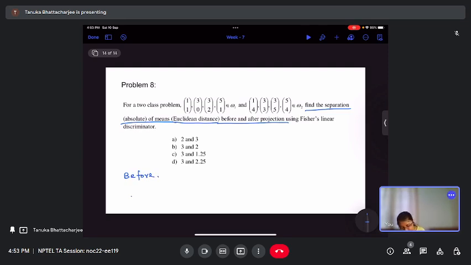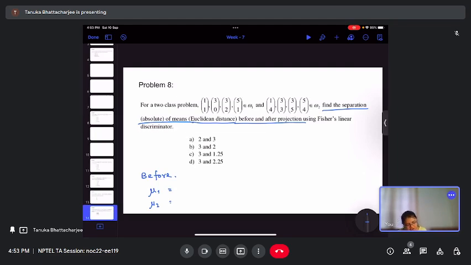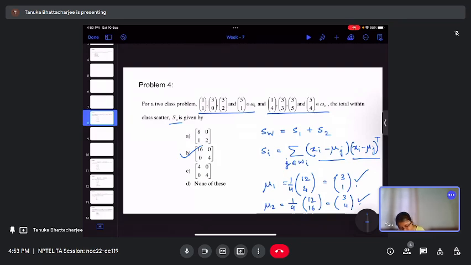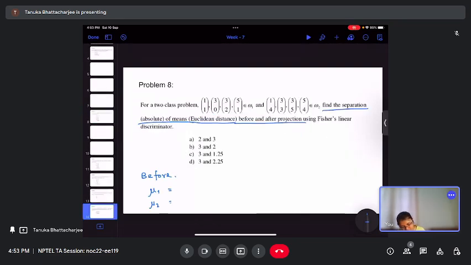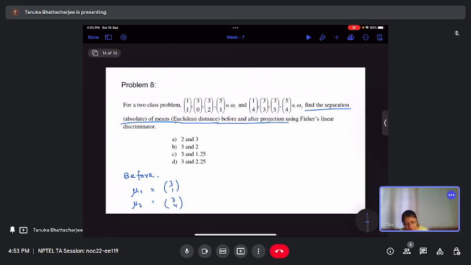So, before projection, what were your means? mu1 and mu2. Those were, let us go back and see what they were, 3 1 and 3 4. Those are the 2 means. So, what is the Euclidean distance? Let us say I put that as d1. What is the Euclidean distance between them? That will be, so the distance vector between them is given by 0 minus 3.